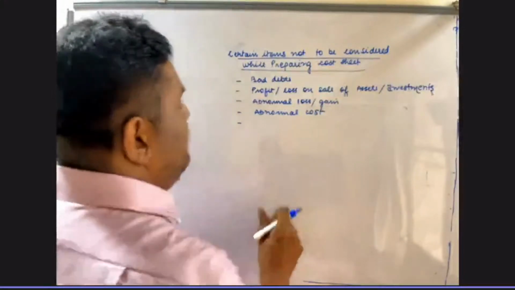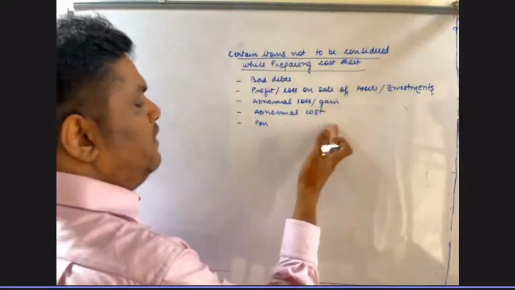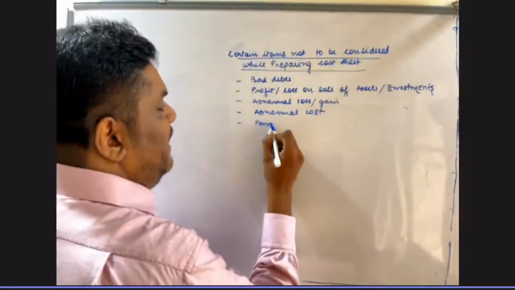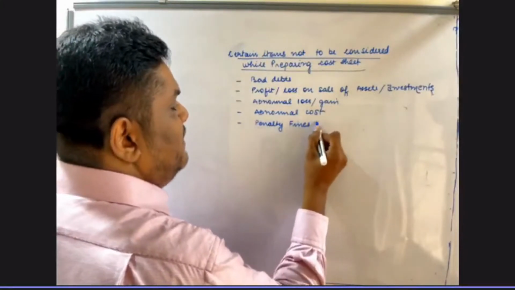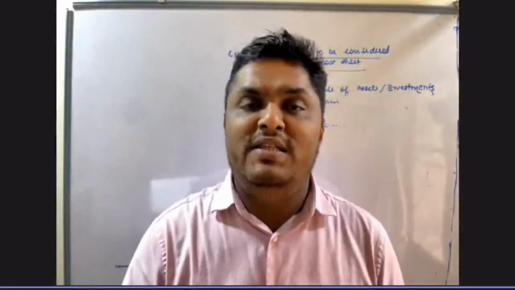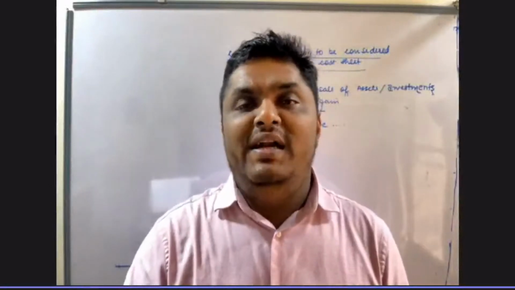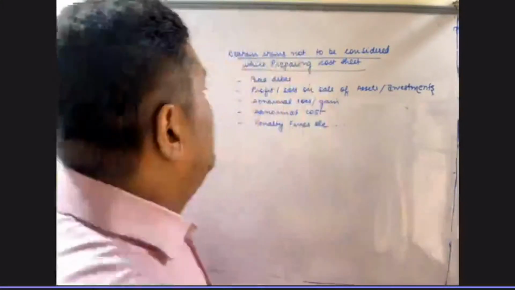Thereafter, any sort of penalties, again it is a part of abnormal cost. For better understanding, I'm writing this part: penalties, fines, etc. It is covered in abnormal cost, but for better understanding, I'm mentioning this separately. So penalties, fines, by whatever name called, will never form part of cost sheet.